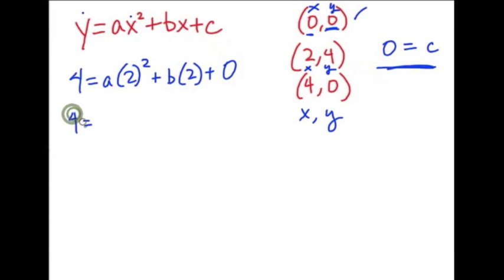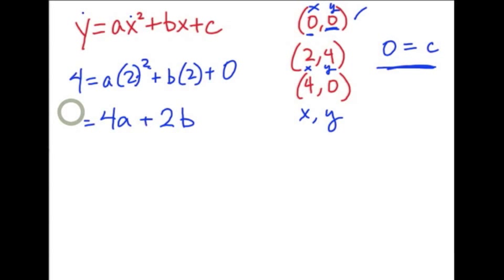So 4 equals 2 squared, 2 squared is 4a plus 2b. I'm not going to put plus 0. I don't need it. It's nothing. So 4 equals 4a plus 2b.